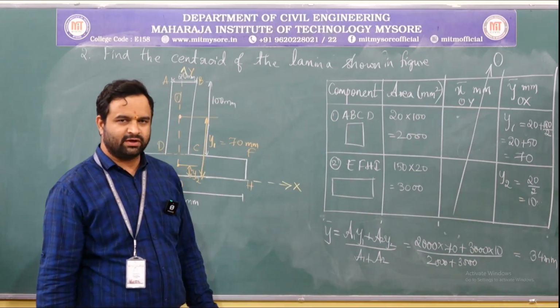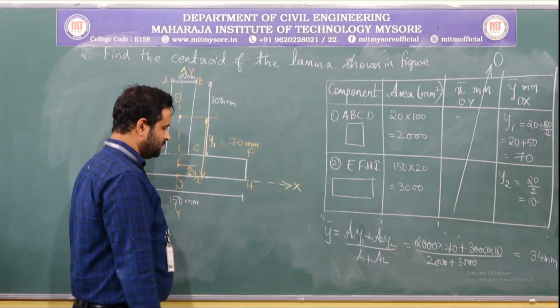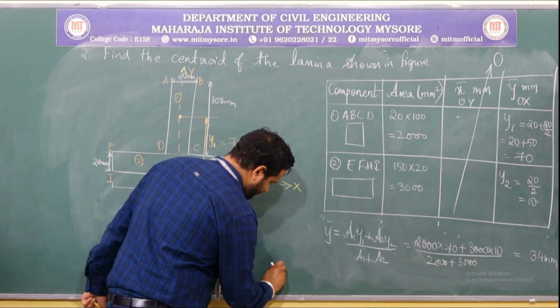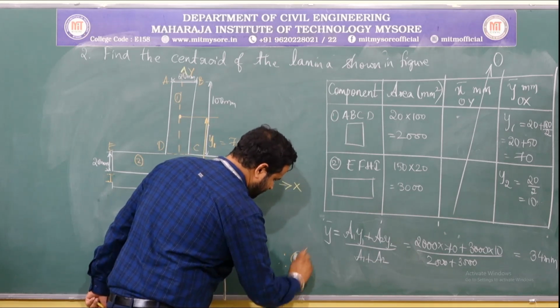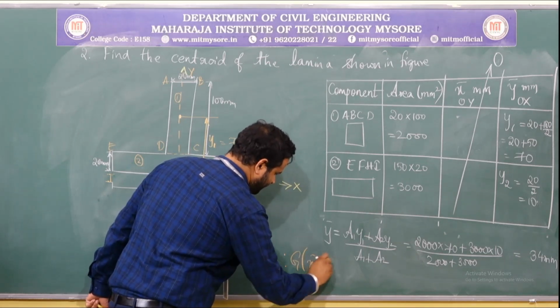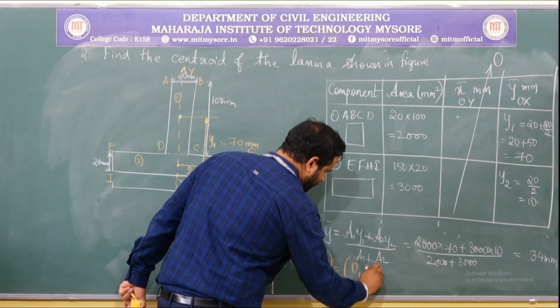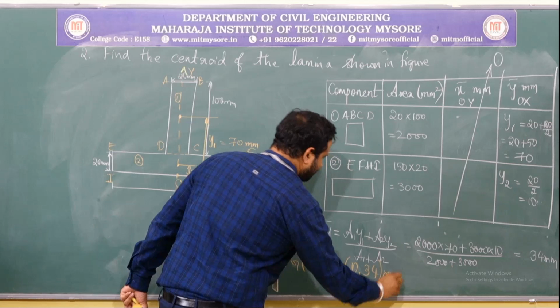Y bar will be equal to 34 mm. Okay. So, last, therefore, G of x bar comma y bar is equal to 0 comma 34 mm.